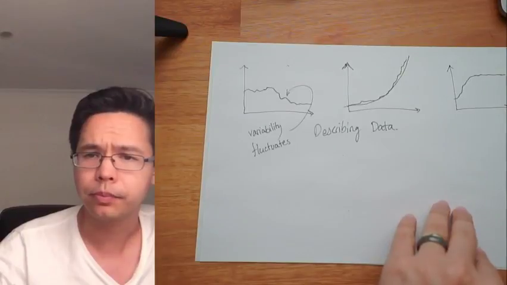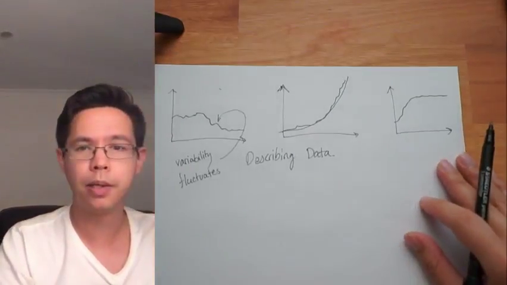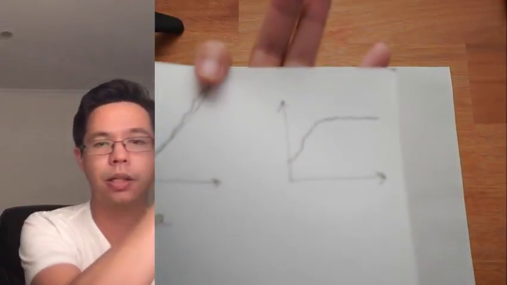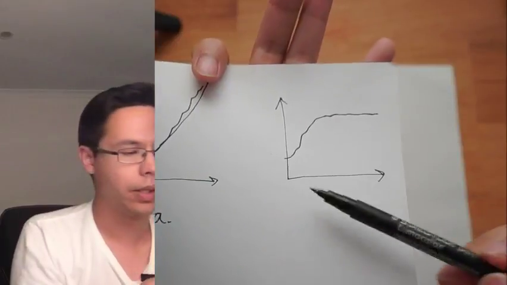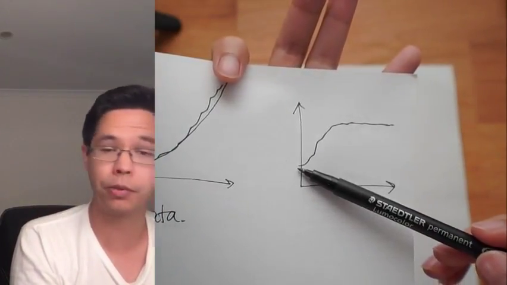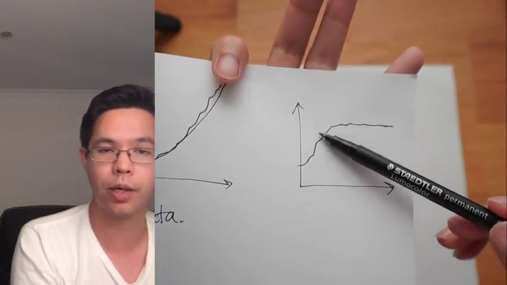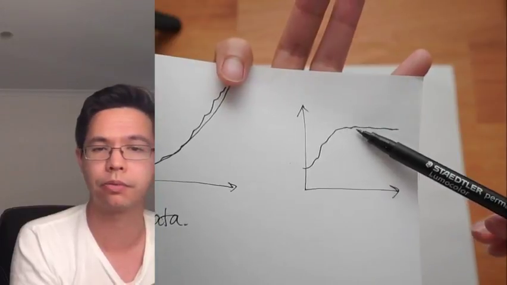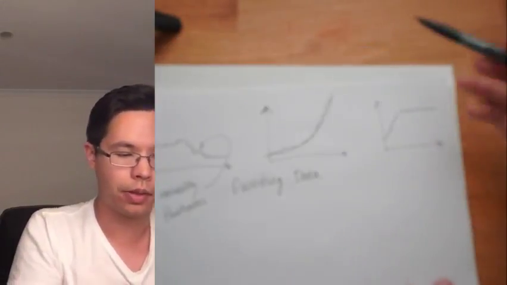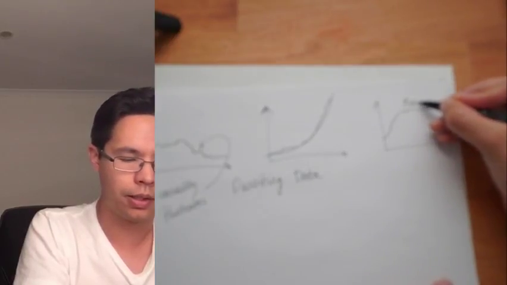And this last one over here, maybe it's just better if I hold it up closer. When we're describing its shape, I would say that it starts off pretty rapid. It starts at a low value, goes up quite rapidly, and then starts to taper off, or starts to plateau.